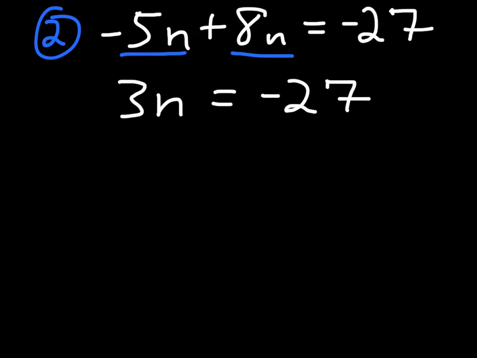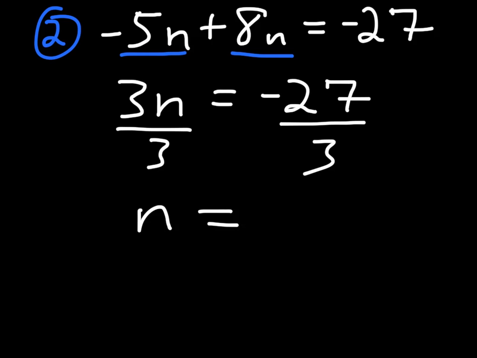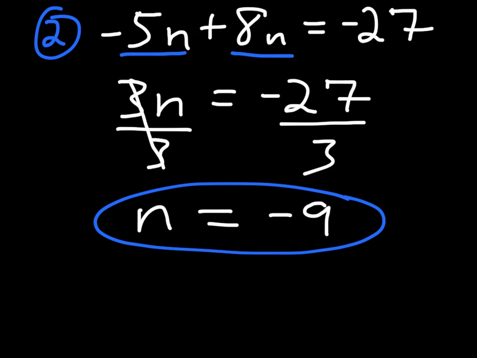To get our n by itself, all we need to do is divide by 3. When we divide by 3, we get n by itself over here because our multiplication and division will cancel on that side. Negative 27 divided by 3 is negative 9. So your answer for number 2 is n equals negative 9.